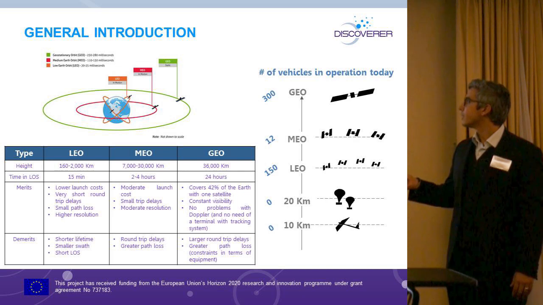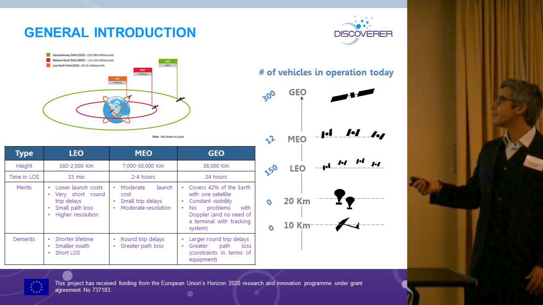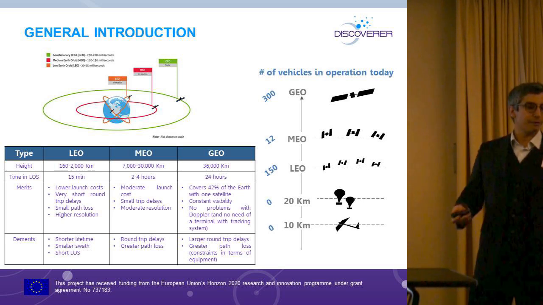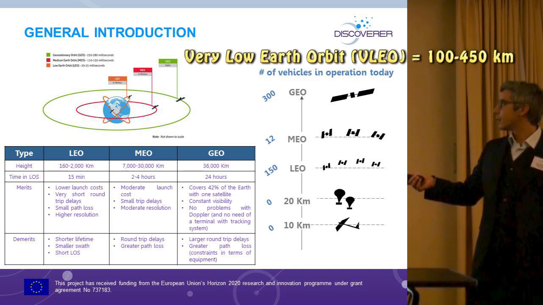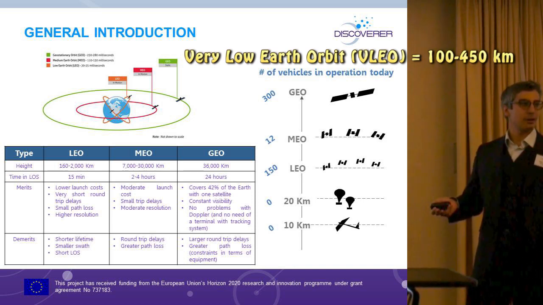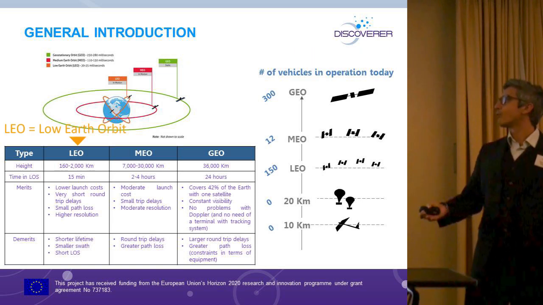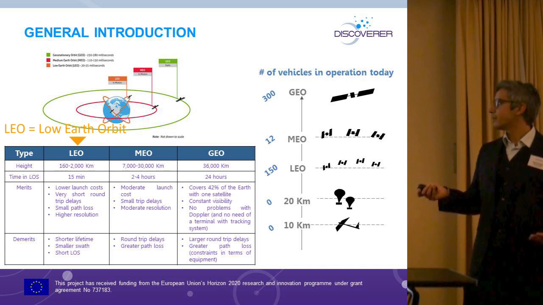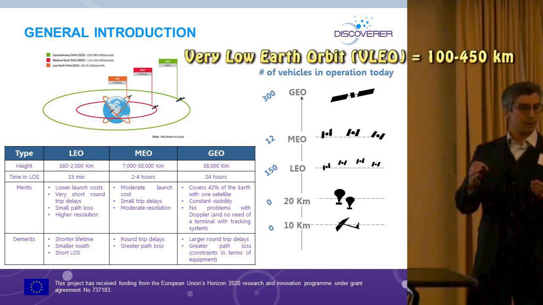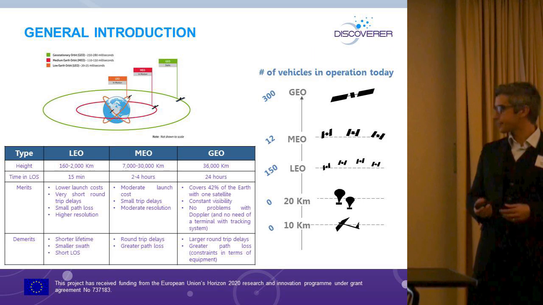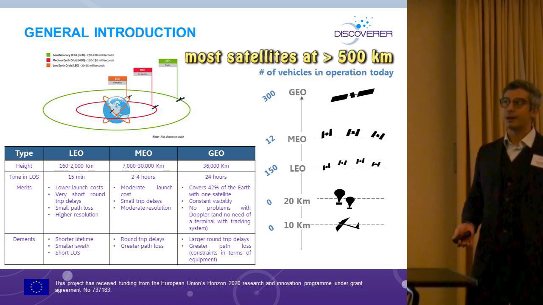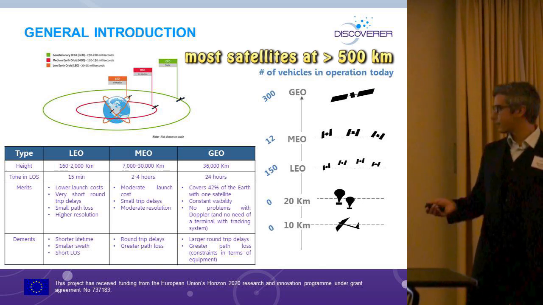This is not in scale, but just to have an idea on the differences between the different orbits that satellites can use as of today. Within LEO, we will have VLEO, which is downwards 400 kilometers. So we consider LEO from more or less 200 kilometers up to 2000, just to have an idea. But for us, VLEO is down 400 kilometers, since the major part of satellites as of today are upward 500, 600 kilometers.